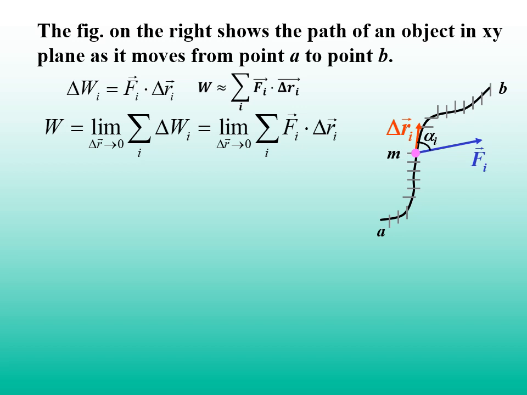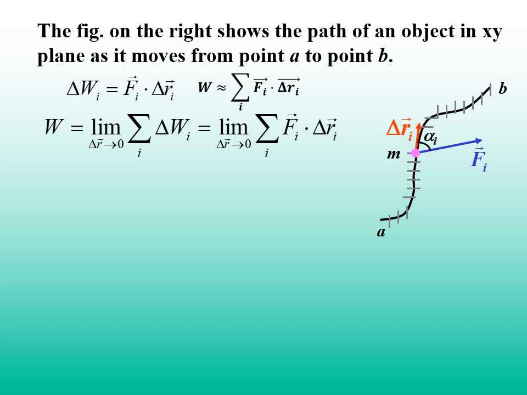W equals the limit of sigma Fi dot product with delta Ri as delta R approaches 0. This limit is the integral of F dot dr, or F cosine alpha dr, from point A to point B.